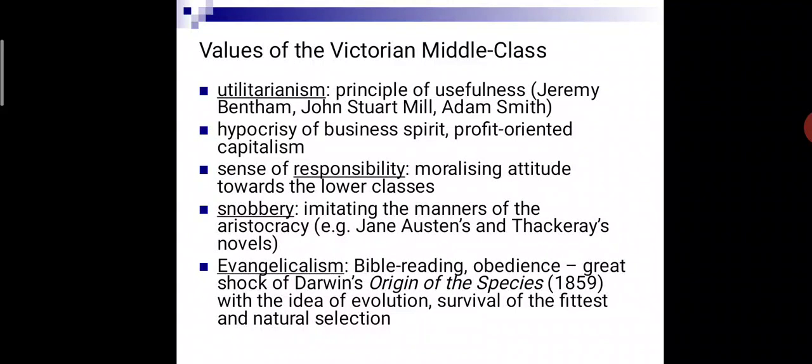There was a note of pessimism running through the literature of the age. Yet there was a note of idealism in the poetry of Tennyson and a note of optimism in the poetry of Browning. So this is the contrast we can also see in this particular literature.